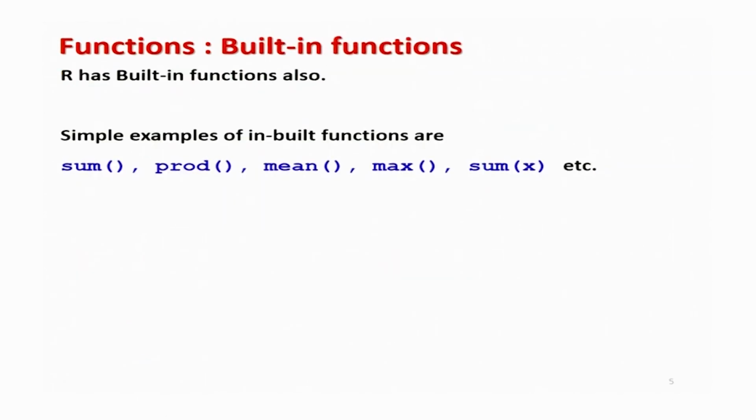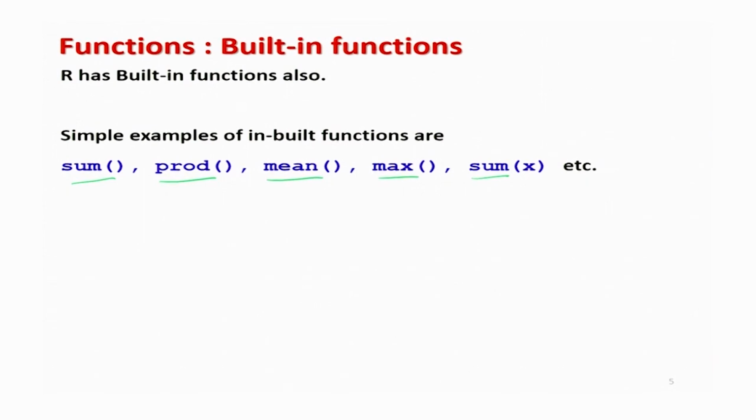So, now we have here two options. We can write our own functions, or we can use the built-in functions also. So, built-in functions, for example, you have read, were like sum, product, mean, maximum, etc. These built-in functions are also functions which were written by someone else, and they have been given a name, which we see as the name of the built-in function.